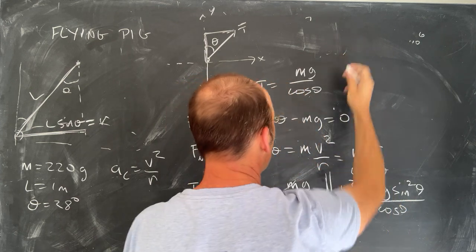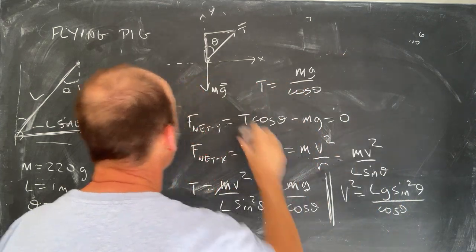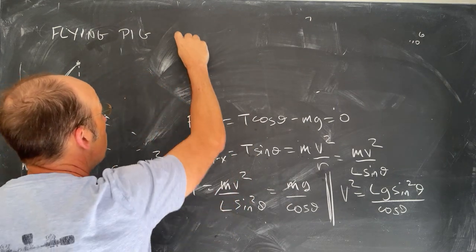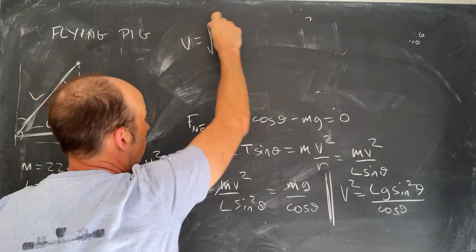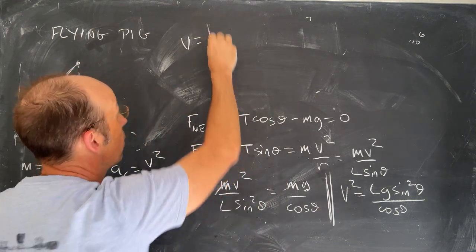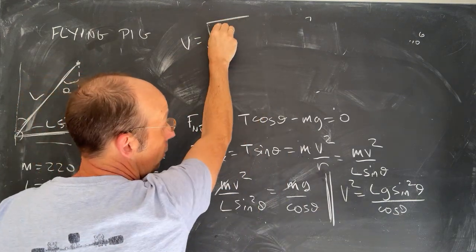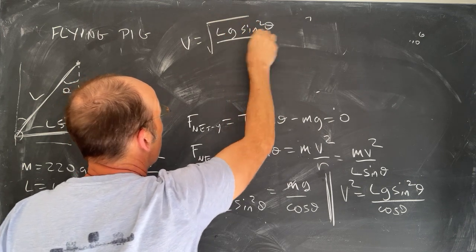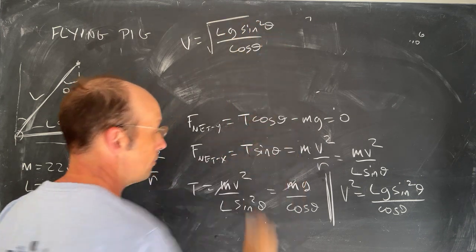So v is going to be equal to, let's just put it up here, the square root. I can pull that L out. No, I can't. I can pull out the sine theta. But I'm not going to because I don't really care. Okay. I get L g sine squared theta over cosine theta.